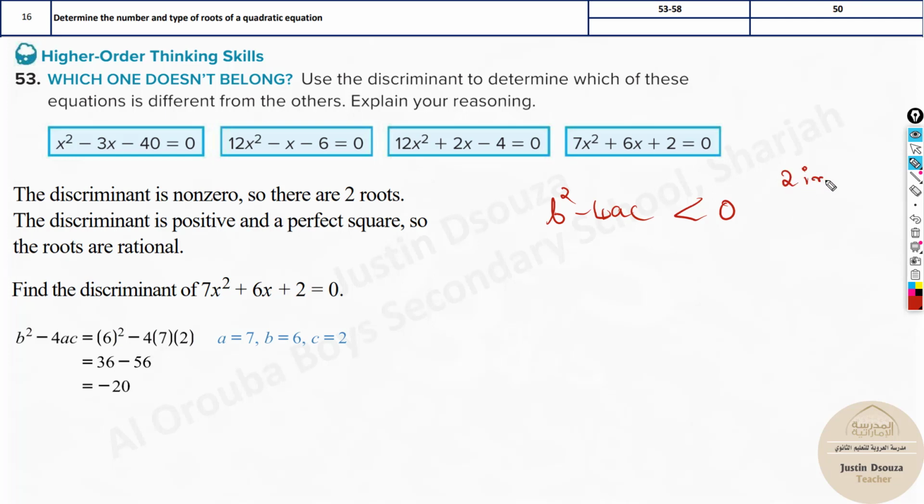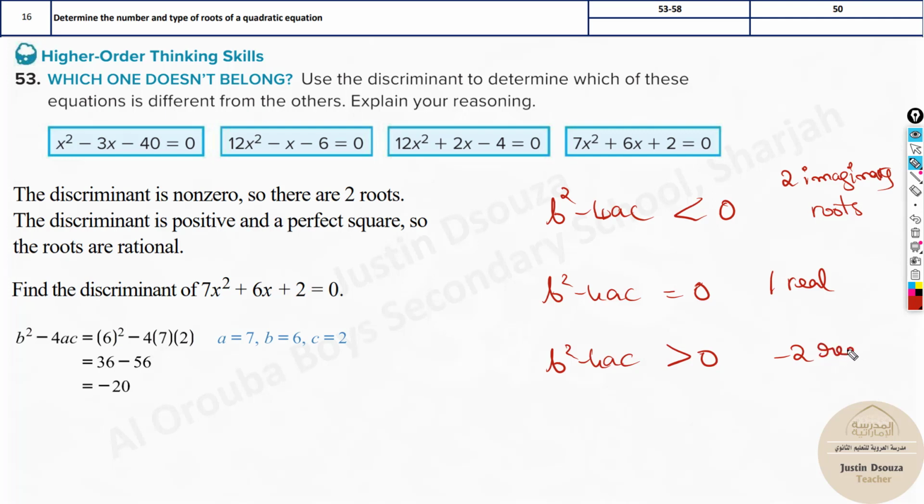When b squared minus 4ac is equal to 0, you will have only one real root, which will be a rational number. And when b squared minus 4ac is greater than 0, you will have two real roots. These are the circumstances. You must remember this.